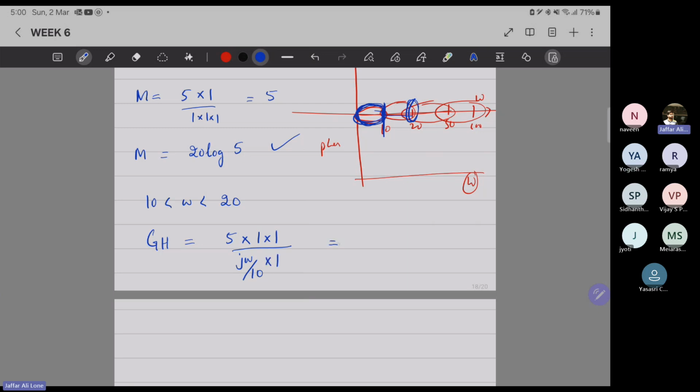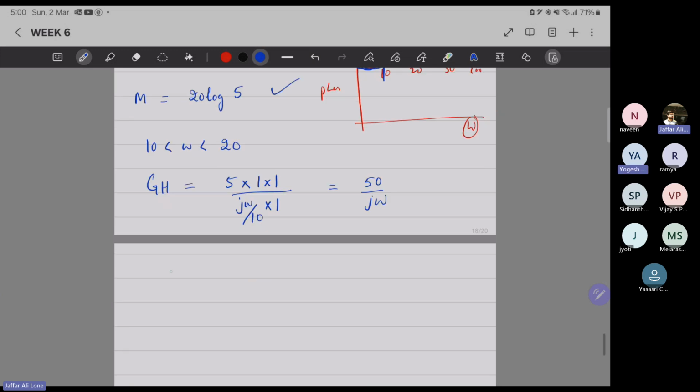So what will be my GH? My GH will be 50 over j omega, and my magnitude in dBs will be 20 log of 50 over omega, sorry, not j omega here. Right, 50 over omega, and it will be equal to 20 log 50 minus 20 log of omega, right?